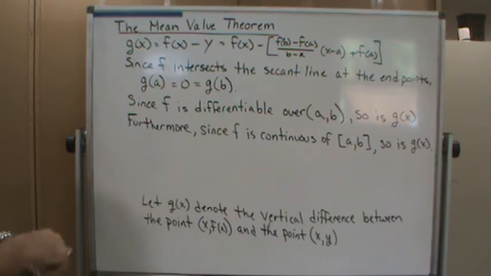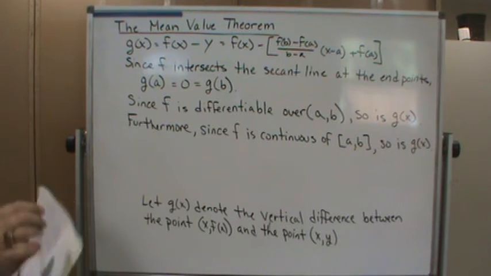So g of x is differentiable over the open interval (a, b) and continuous over the closed interval [a, b].